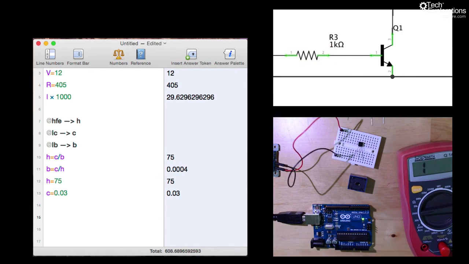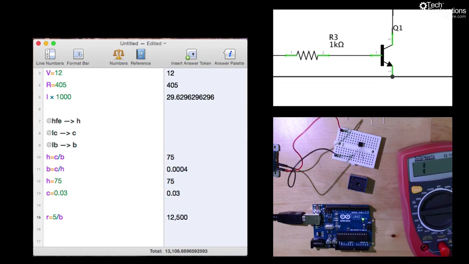So let's go back to Ohm's law, and the resistor that I'm looking for, I'm going to call it R, equals the voltage divided by the current. Voltage is going to be 5, because that part of the circuit is powered by the Arduino. So 5 volts divided by how much was it?